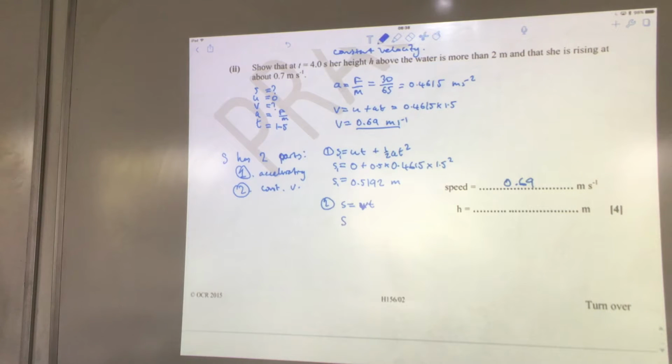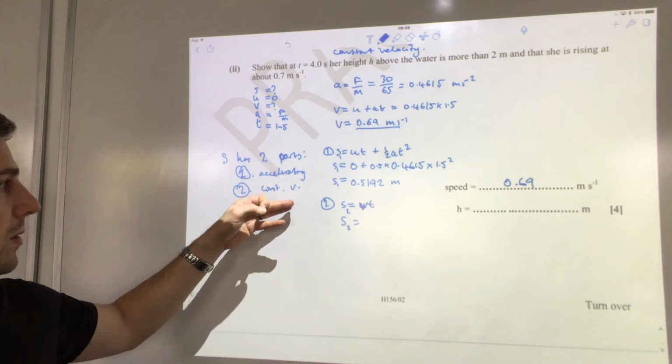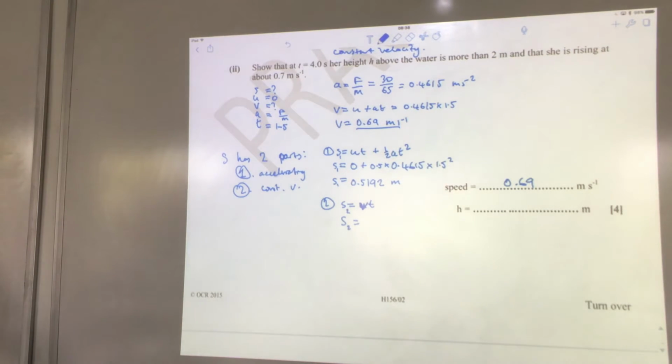So S2 is equal to the speed that she's going after 1.5 seconds, which is 0.69, if I add in some more decimal places, multiplied by the time, which is 4 minus 1.5, which equals 2.5. That's 1.730.